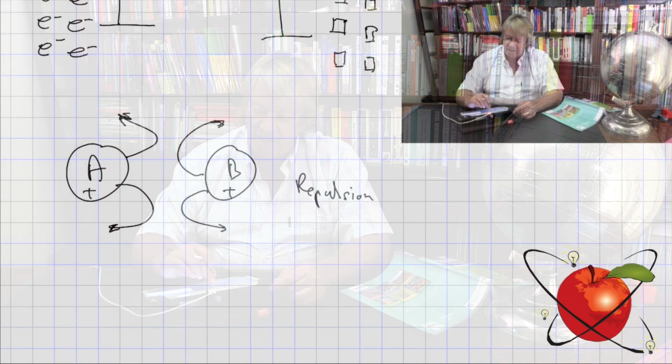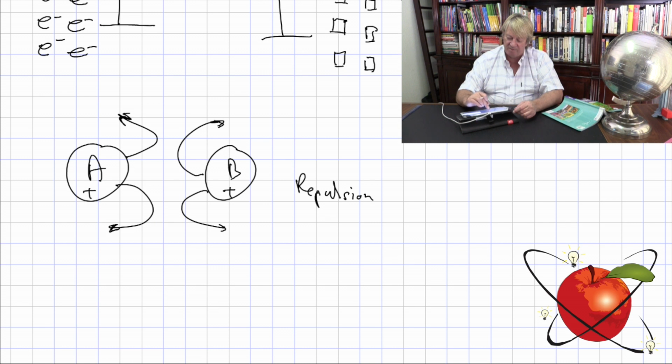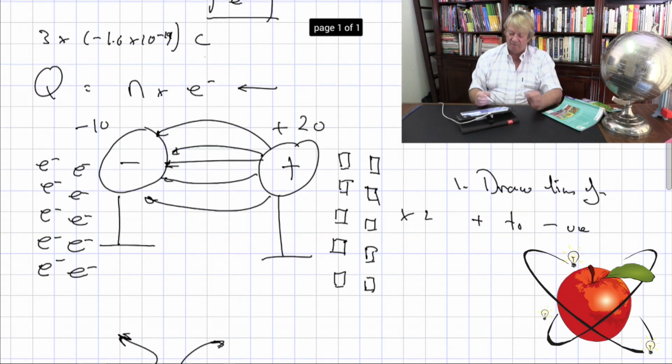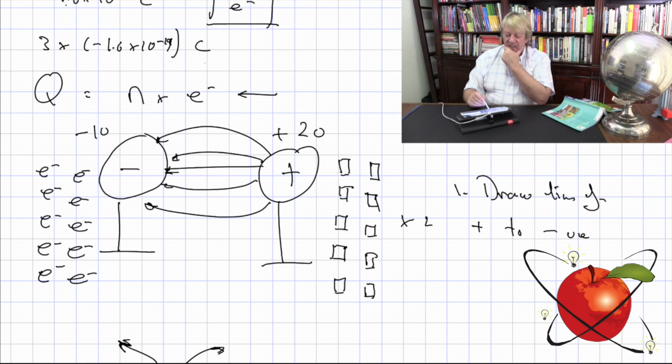Now, let's go back to our spheres over here. Okay. What is going to happen now if we actually bring these together? Each one of these electrons is going to be happy to be reunited with where they got rubbed off from. Theoretically, pretend, right? They could have been rubbed off anywhere, but it doesn't matter.